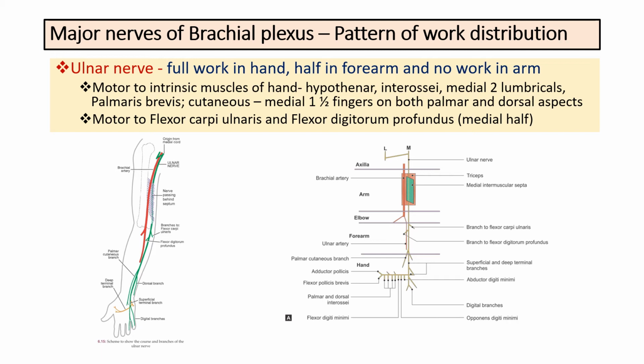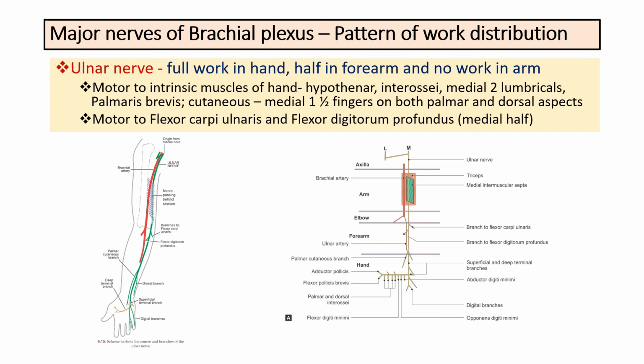Then half in forearm, that means it is supplying the flexor carpi ulnaris and medial half of flexor digitorum profundus. So half work in forearm, and there is no work in the arm. It's not giving any branches in the arm.